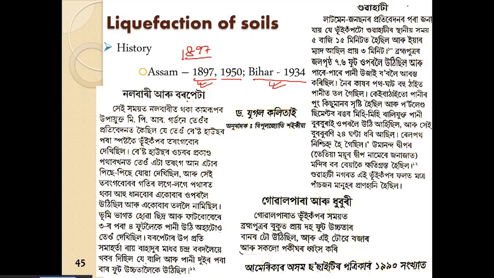Here I have an article by Dr. Jugal Kalita, which was translated into Assamese by Bipul Soikia. Here you see, at the time the Kamrup Deputy Commissioner was staying at Nolbari. His name was Mr. P.R. Gordon, and he was definitely British at that time. He was staying at Nolbari in 1897.